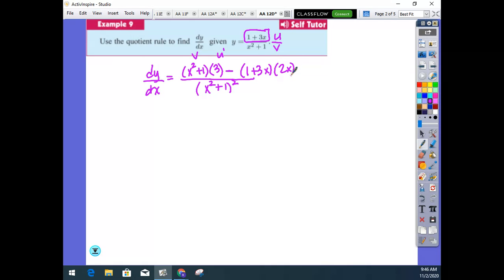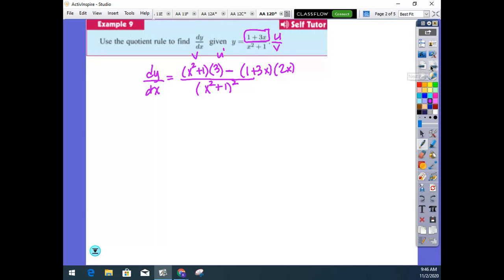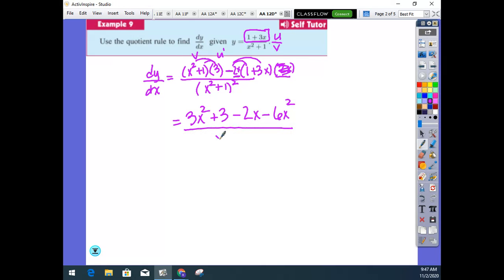Now, one thing that I noticed, if we look back here, this has U V prime. Sometimes it's helpful to do my V prime first, just because we're going to distribute this. I'm going to distribute this back. 3x squared plus 3 minus, let me put this here because it's easier to distribute the negative 2x, all over, I always keep this bottom.